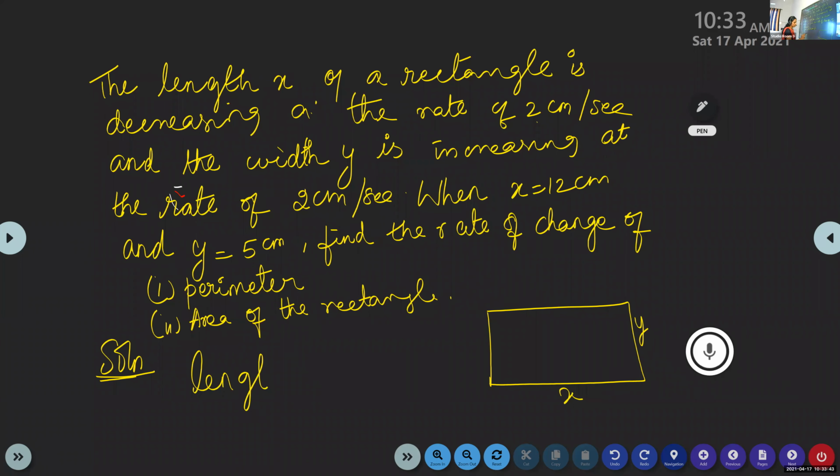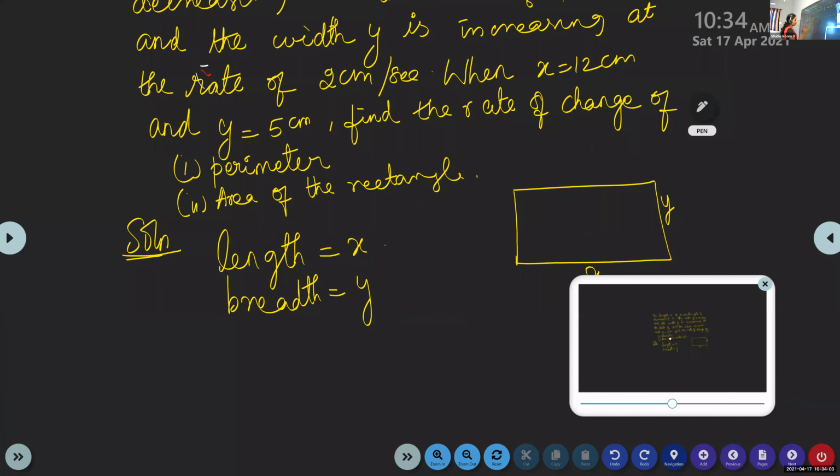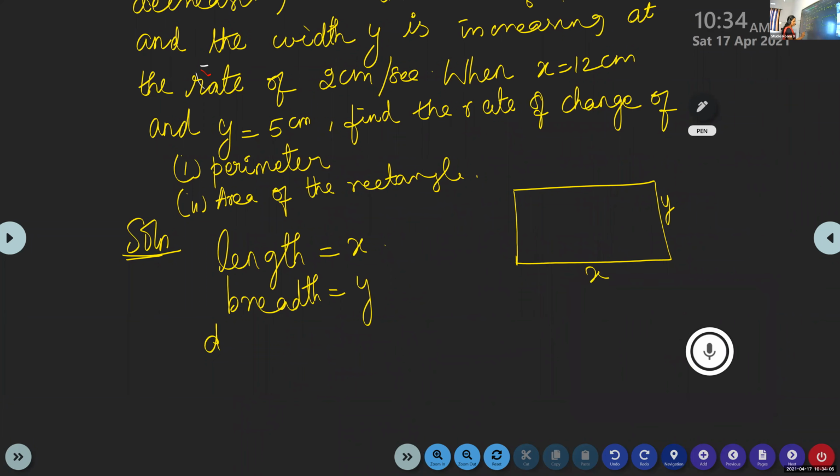Length is denoted by x, breadth or width is given as y. Once again, read the question. The length is decreasing at the rate of 2 centimeter per second. So dx by dt is minus 2 centimeter per second.